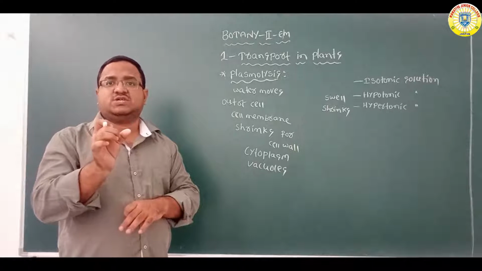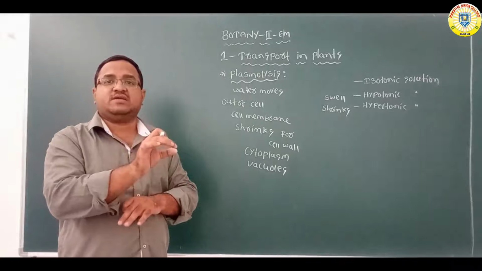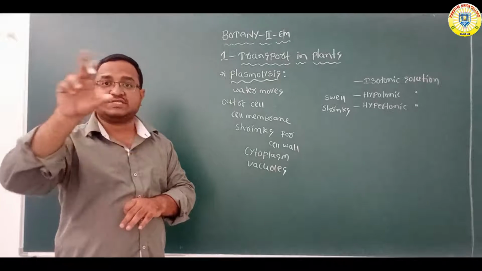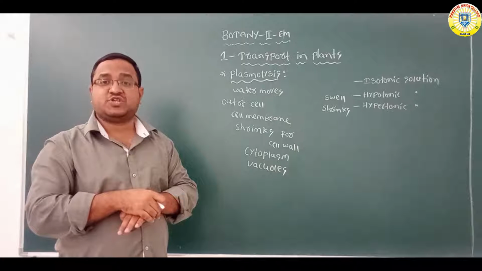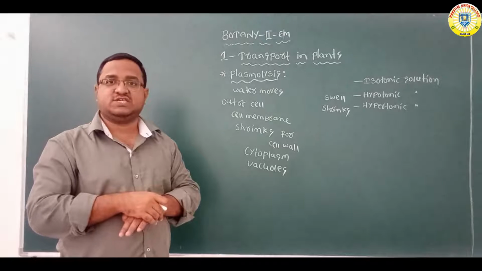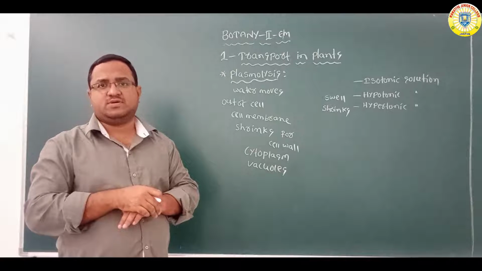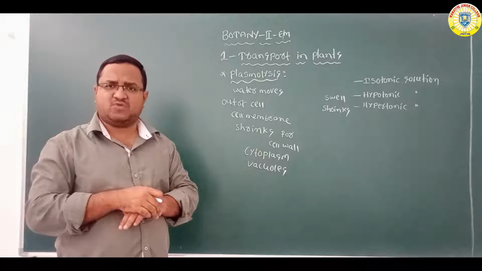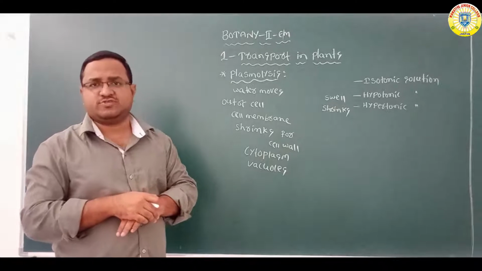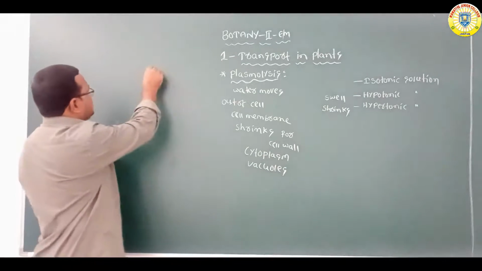Initially this phenomenon occurs at the edges, at the corners of the cell wall. Plasmolysis starts at the corners of the cell wall. So this is called incipient plasmolysis.